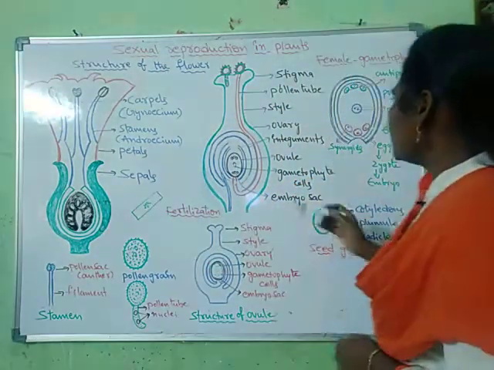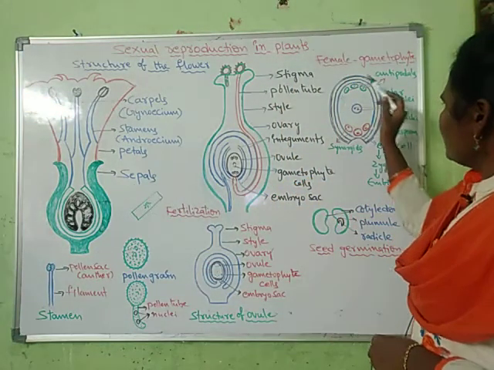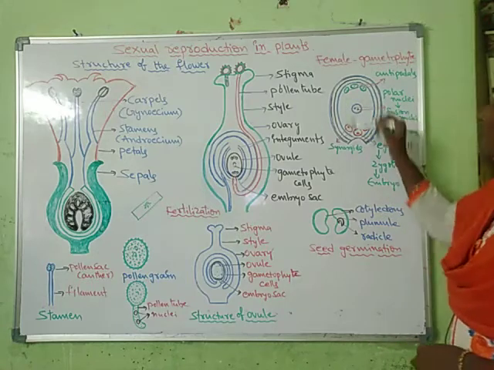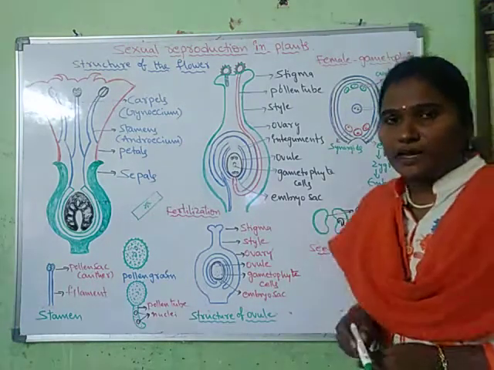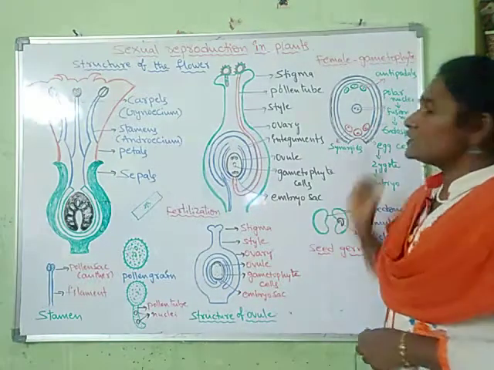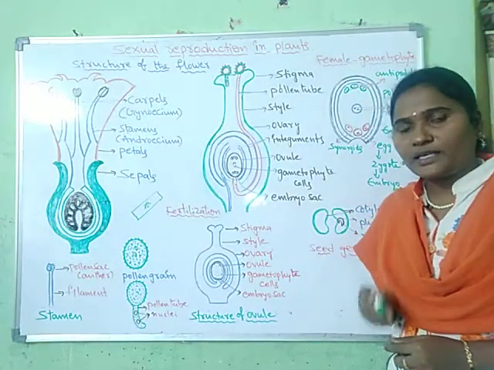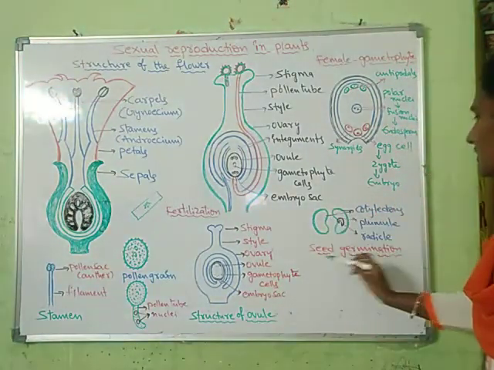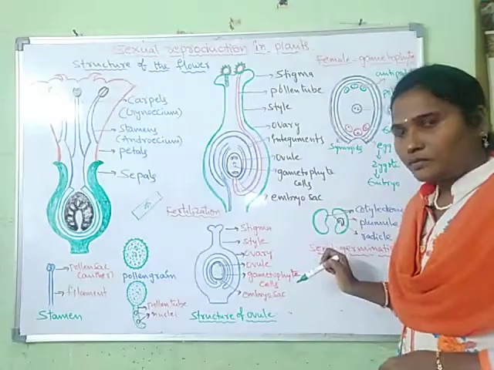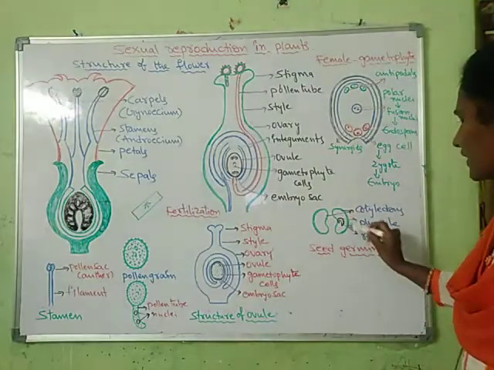So after fertilization, the seed contains the embryo, the future plant, which develops into a seedling in appropriate conditions. This is called seed germination. The seed contains a plumule and a radicle.